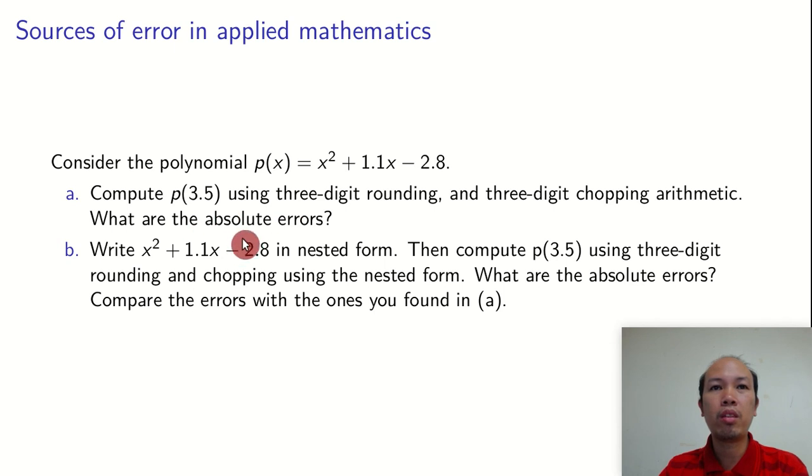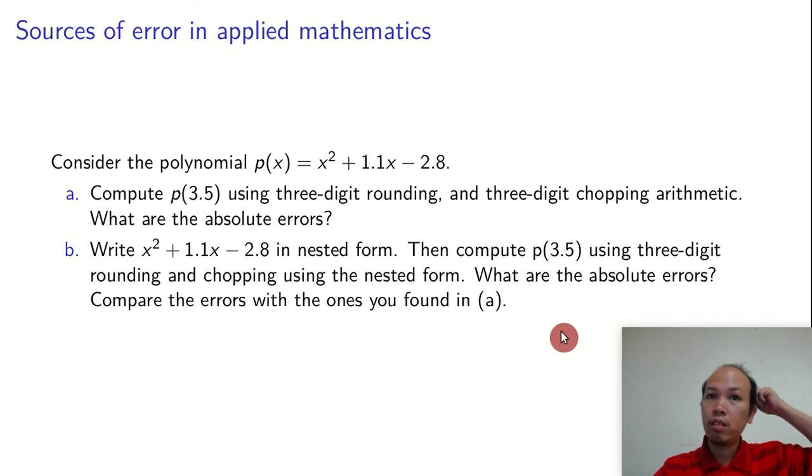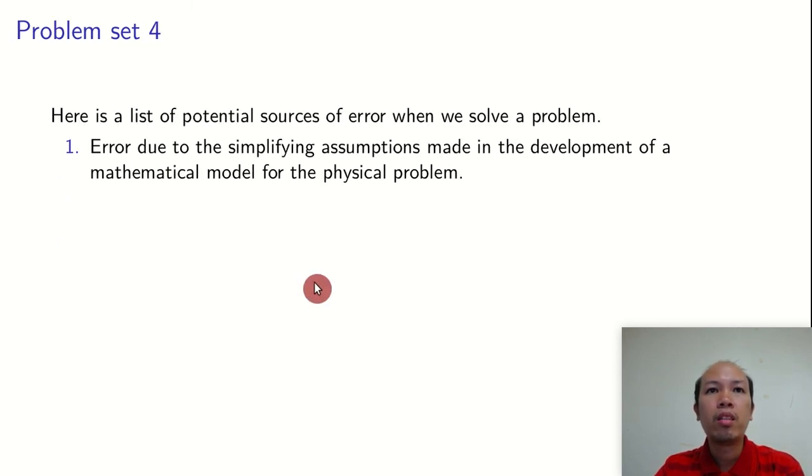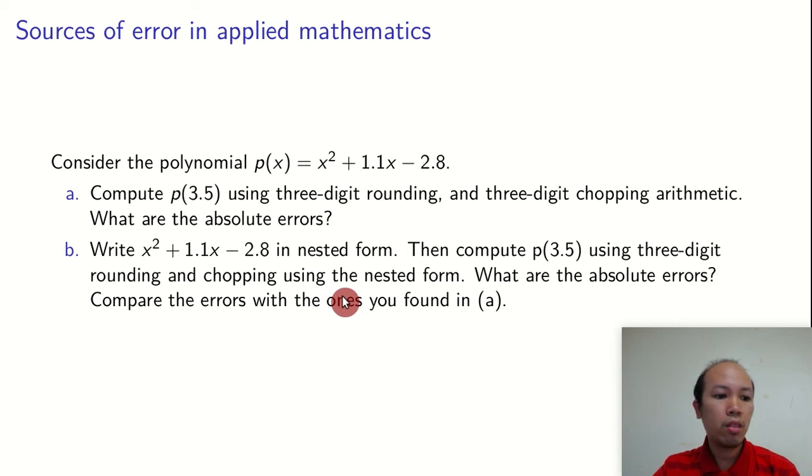Then compute the absolute errors, or maybe you can include relative errors, and then write this formula in nested form for letter B. Compute p of 3.5 again, using 3-digit rounding and chopping using this nested form, and then compute the absolute errors and compare with your result in A. Okay, so that's it for problem set number 3.